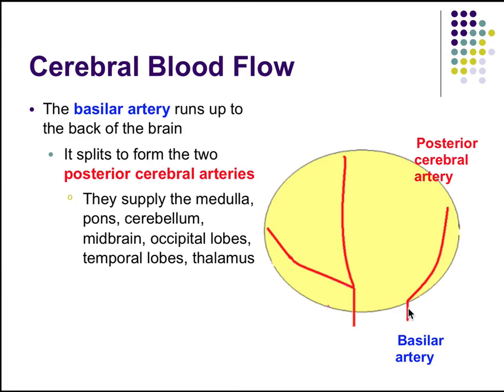We only have one of those, and it will come up and branch into our two posterior cerebral arteries, which will supply blood to our occipital lobe. We also get blood supply to our brain stem through here, so the medulla, the pons, the midbrain, as well as the cerebellum, the temporal lobes, and the thalamus all get blood through these arteries.